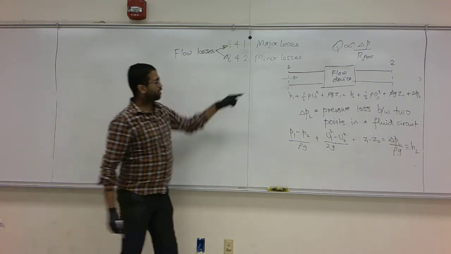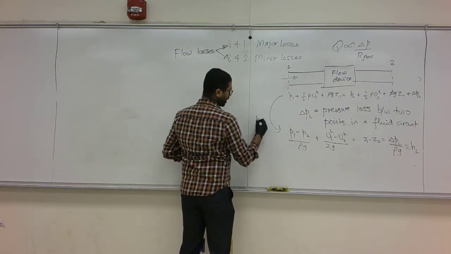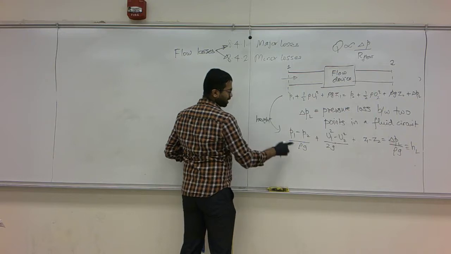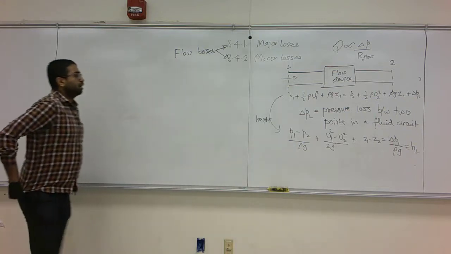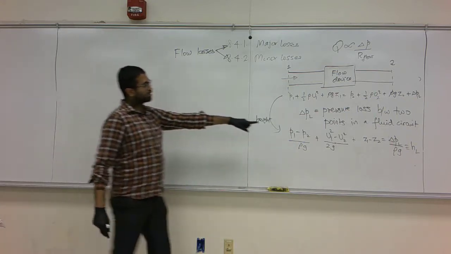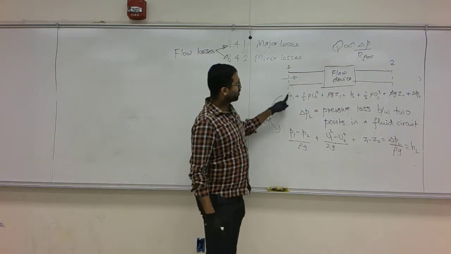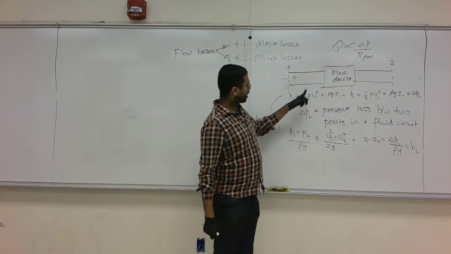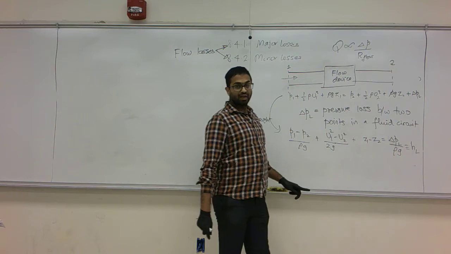What I've done is converted pressure into a height by dividing by rho g. What I have is HL equals the difference between pressure, the difference between velocities, the difference between elevation.